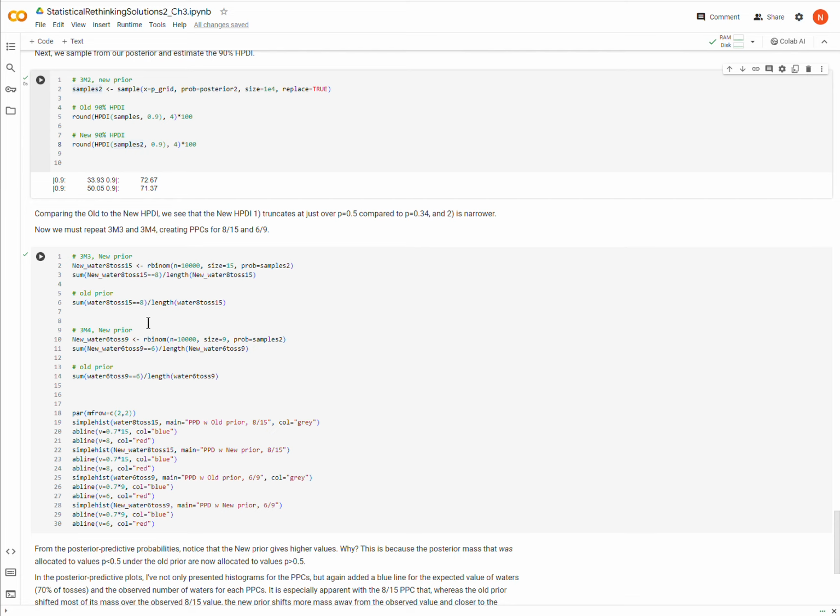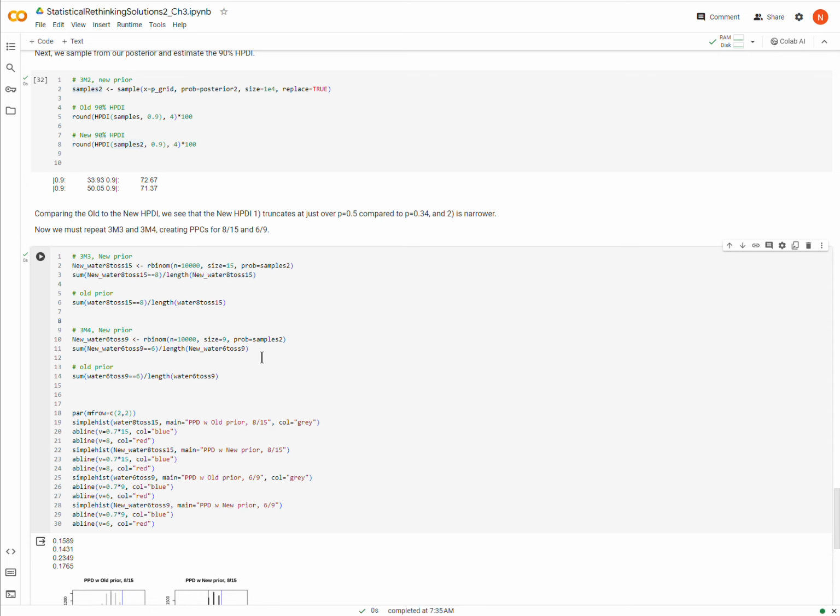Again, go back to the previous video because I talked more in depth about how we calculate these things. Here we have the code for finding the new posterior predictive distribution compared to the old one for both 8 waters and 15 tosses and 6 waters and 9 tosses. I'm also going to plot everything here.